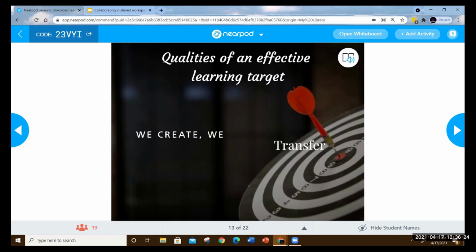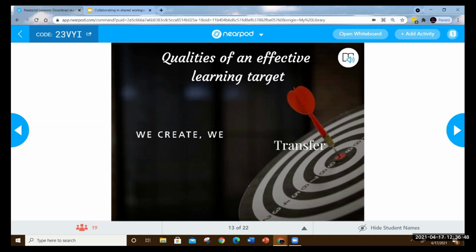Then finally, the best, the transfer, right? Once they have this information and they have practiced it, how can they use it and apply this knowledge? Either in a new context, can they adapt it? Can they create something? In my world, with musicians, can they compose something?